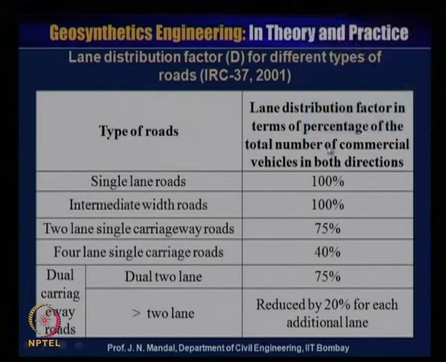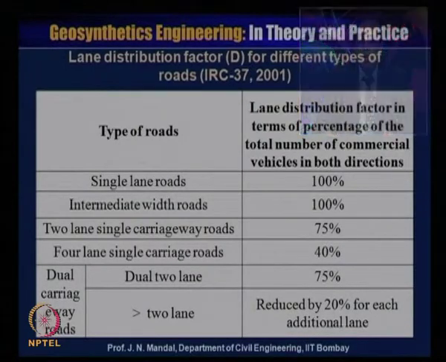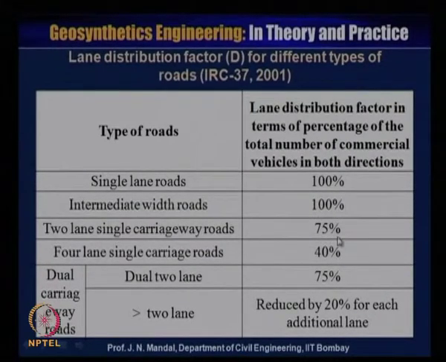The lane distribution factor is given as a percentage of the total number of commercial vehicles in both directions: single lane is 100%, intermediate width road or 2-lane carriageway is 75%, 4-lane carriageway 40%, and dual 2-lane is 75%, and for greater than that it is reduced by 20% for each additional lane. This code specifies the value of D. For example, if we consider a 2-lane single carriageway road, then for commercial vehicles in both directions the lane distribution factor D will be equal to 75%.